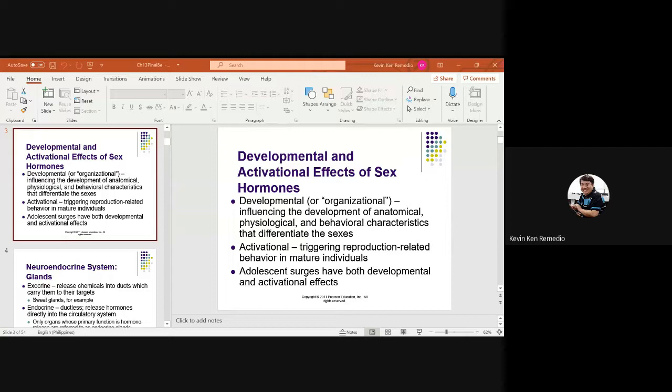However, class, as male infants and female infants start to grow, this is where the changes that occur in males and the changes that occur in females become very noticeable.